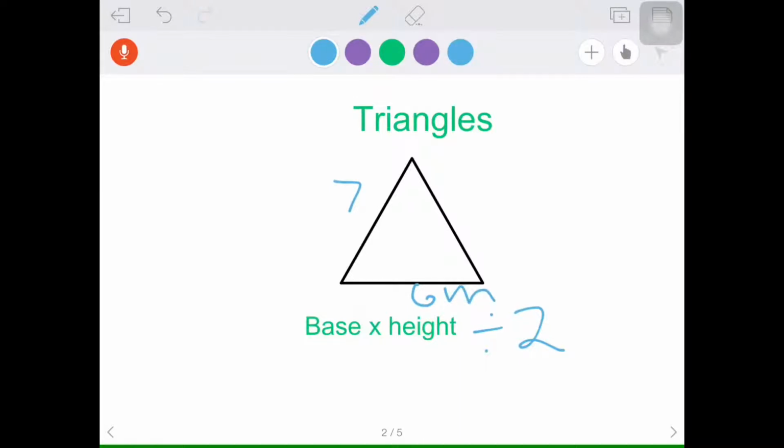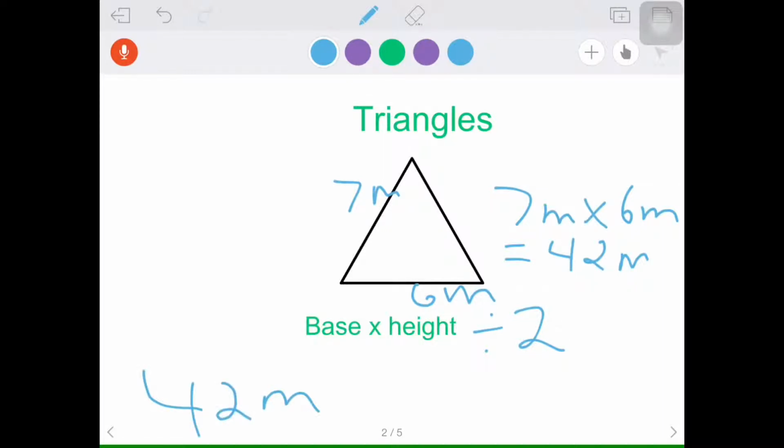We're going to put some meters. 7 meters times 6 meters equals 42 meters. And I know that 42 meters divided by 2 equals, you guessed it people, exactly 21 meters square. Don't forget to put the square sign.